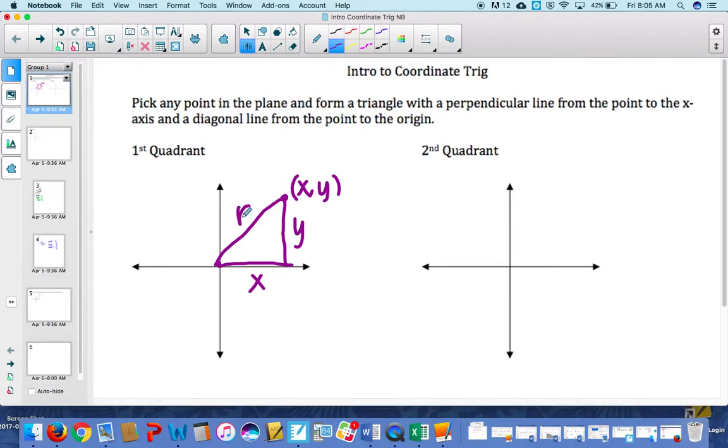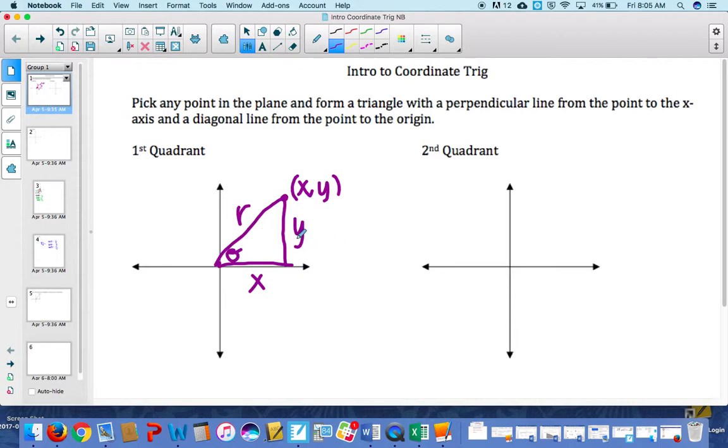This is going to stand for radius of a unit circle, and that'll make more sense when we go through notes in the next set. This angle here is going to be theta. It's an unknown angle measurement.